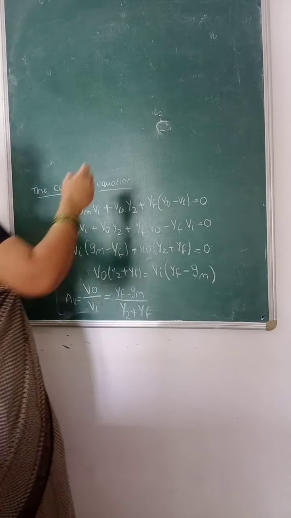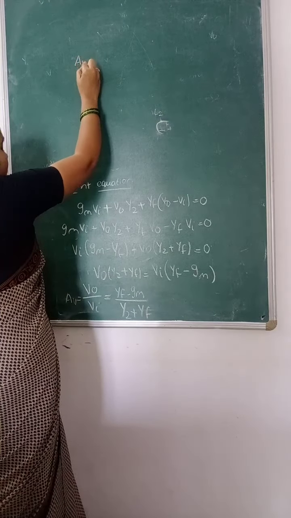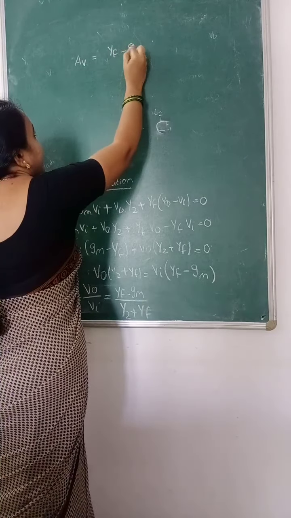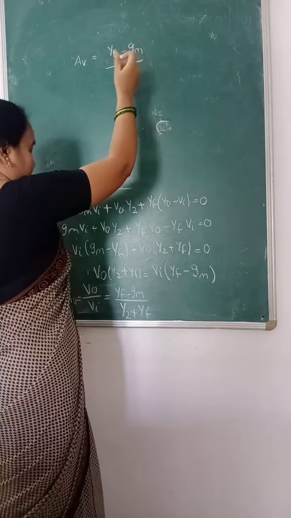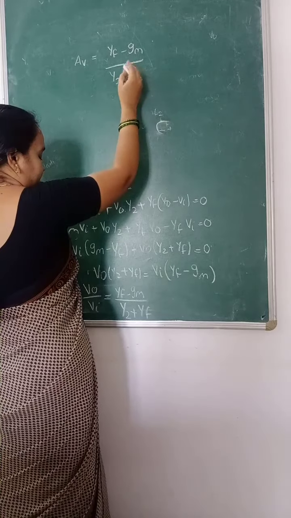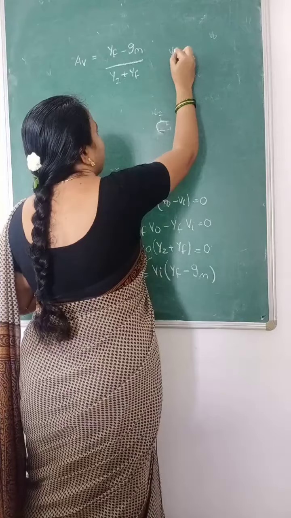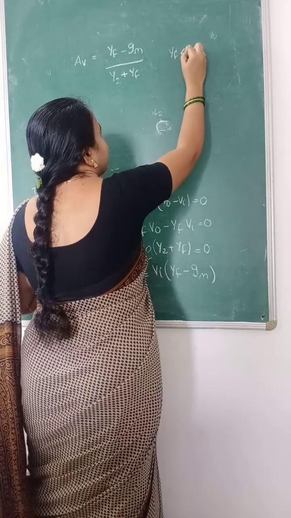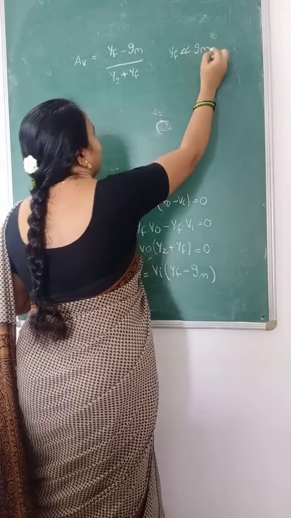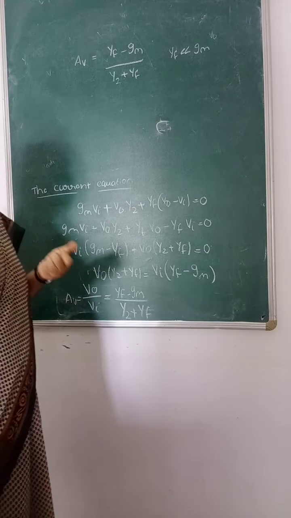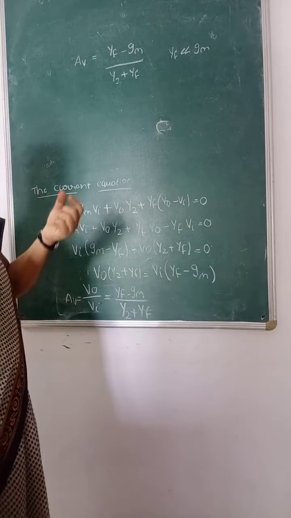So hence the voltage gain AV is equal to Yf minus Gm by Y2 plus Yf. Here Yf is comparatively very small when compared to the current gain. Yf is the admittance due to capacitance, admittance means the conductance due to capacitance.